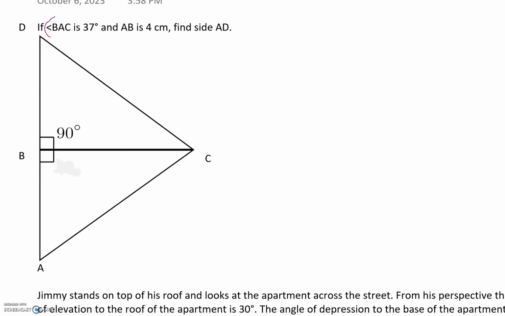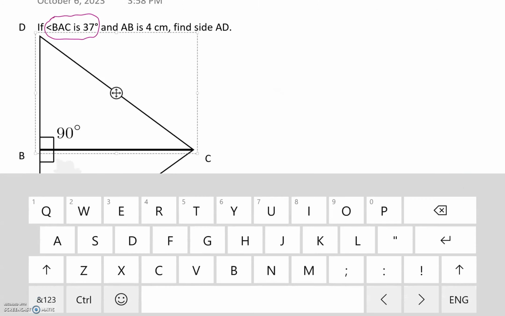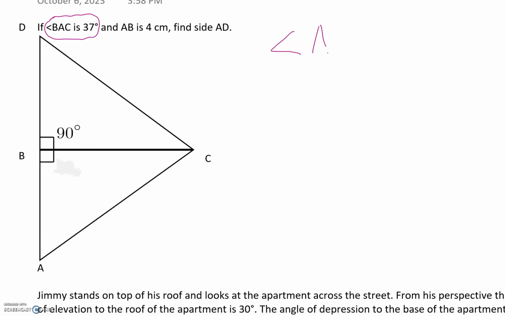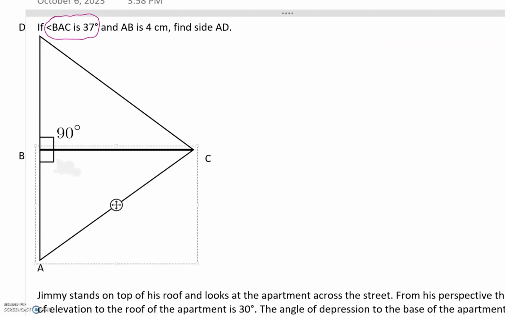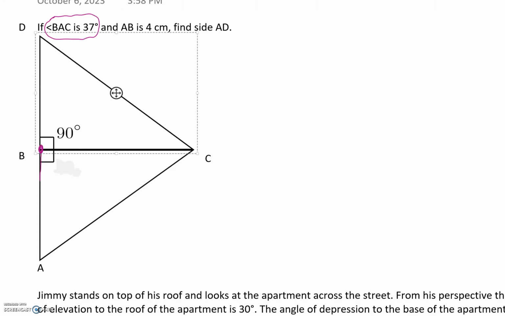Now, when we have this angle symbol, and then a bunch of letters afterwards, 3 different letters, what this actually means is we have to start wherever the first letter is, so B, go down to A, the second letter, and then go to the third letter.